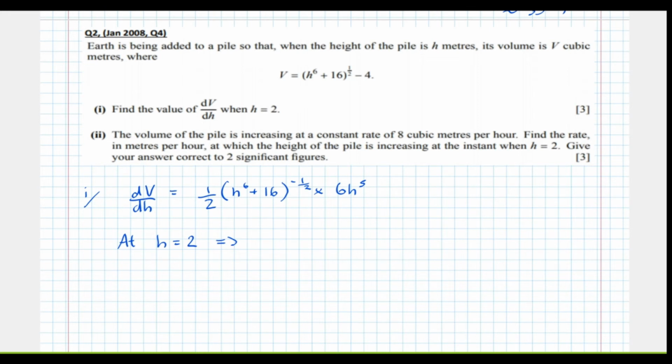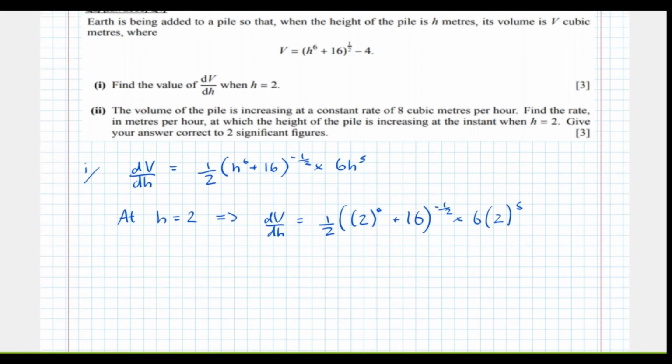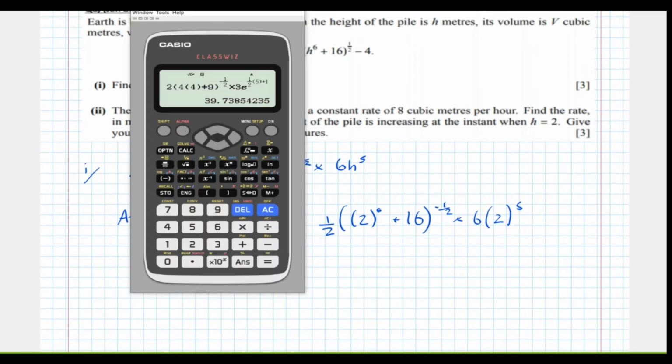So at h equals 2, this means that dV by dh equals 1/2 times (2 to the 6 plus 16) to the minus 1/2 times 6 lots of (2 to the power of 5). A half of 2 to the power of 6.